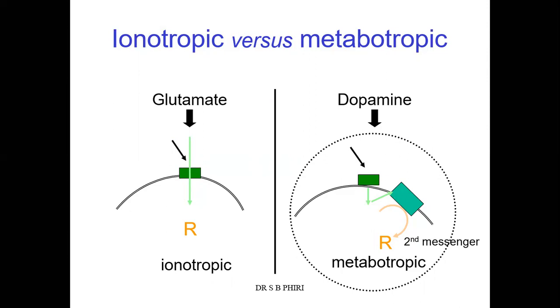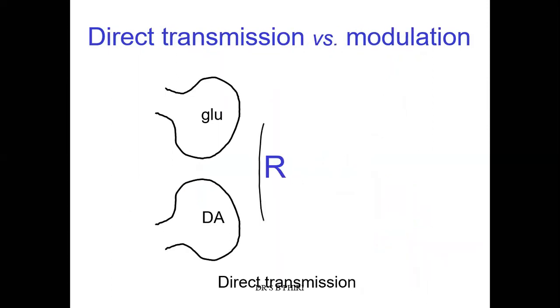What you need to know is that the glutamate channels can operate with the presence of glutamate only, without dopamine. But dopamine receptors can't operate without glutamate. So they need to be modulated. So you have direct transmission versus modulation.